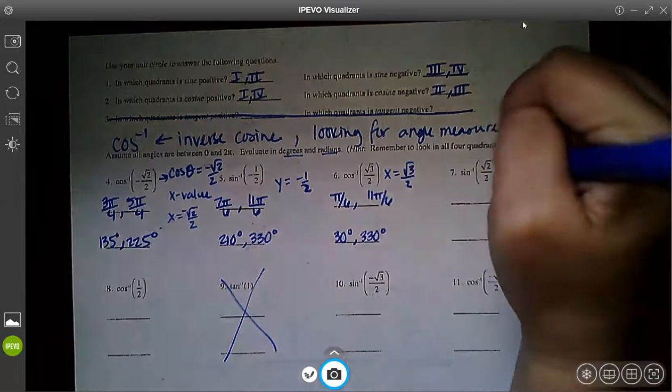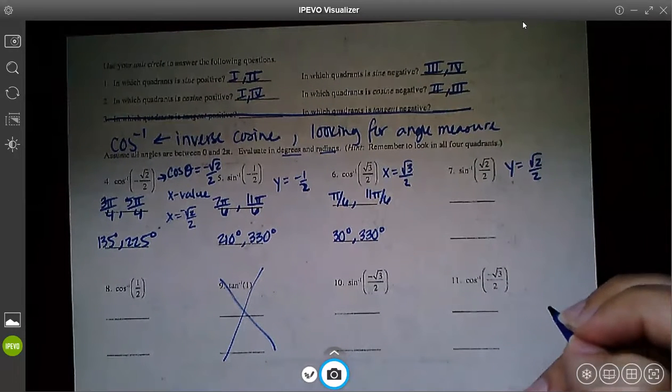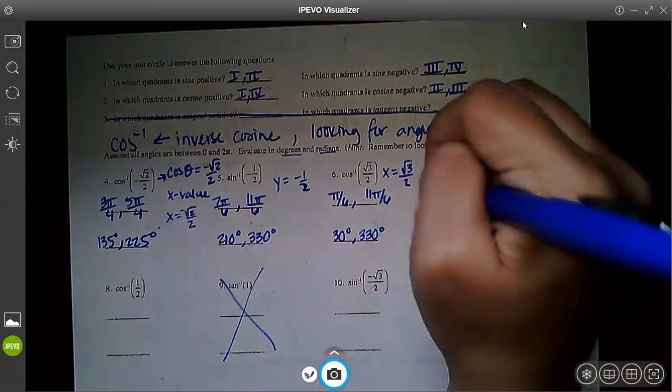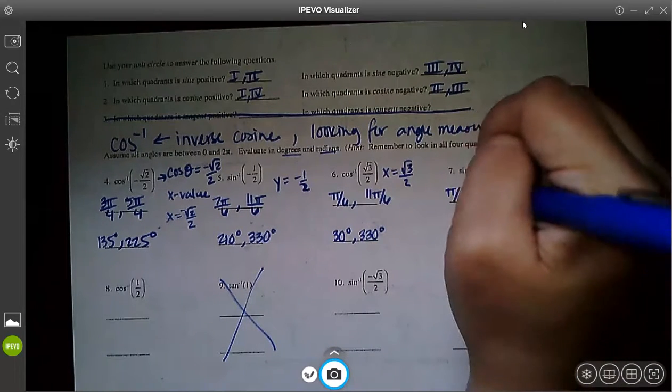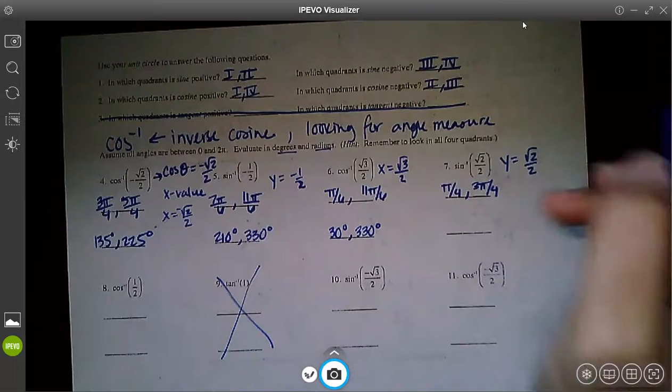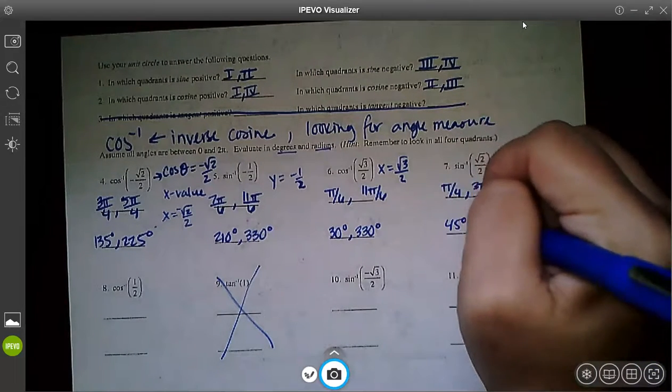Sine, again, is your y value. Y is positive in quadrants 1 and 2. This happens at pi over 4 and at 3 pi over 4, and those angle measures are 45 degrees and 135 degrees.